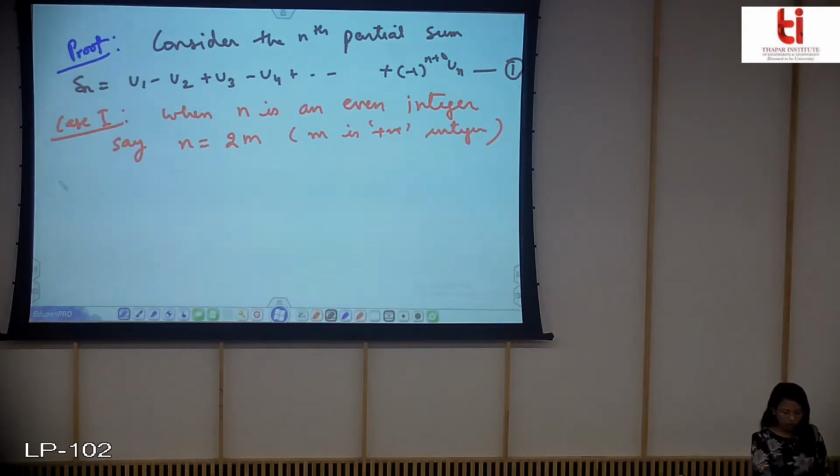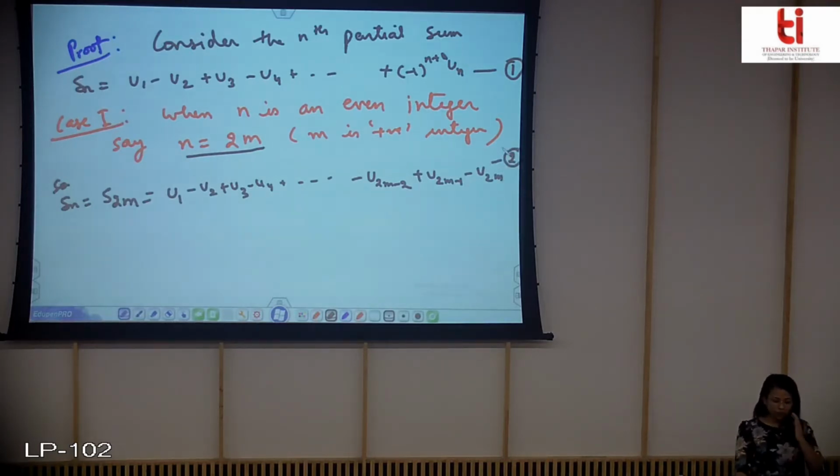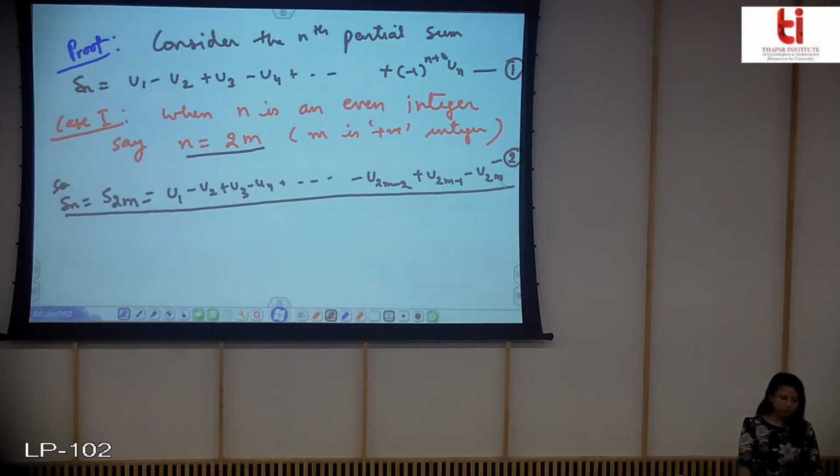So what will be my Sn? This will be equal to S2m, that will be equal to u1 minus u2 plus u3 till minus u2m minus 2 plus u2m minus 1 minus u2m. I call it equation number 2. Now I can write this equation number 2 in two ways.